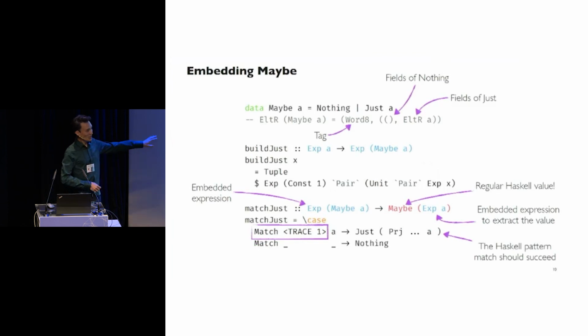But if I'm not interested in peeking under that Just constructor, then I can just return Nothing, and that tells the Haskell pattern matcher, no, this didn't succeed. So the key thing is we're not inspecting the actual value A here, this actual term, because I don't know what that is yet. I'm just inspecting this special thing that I'm wrapping my terms up with.